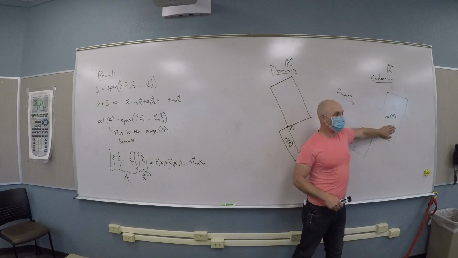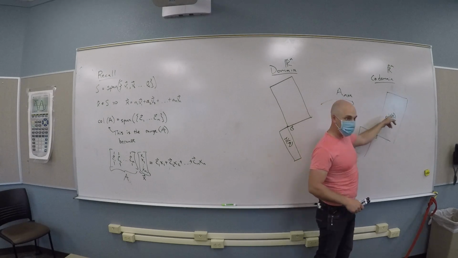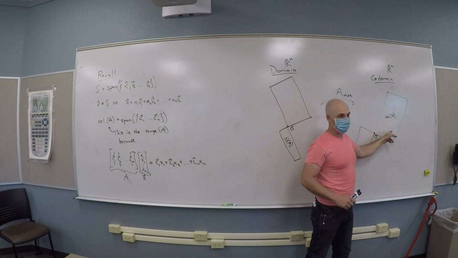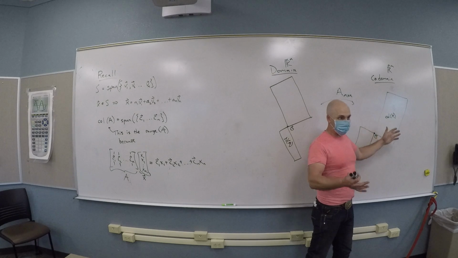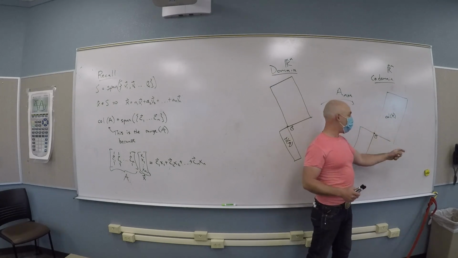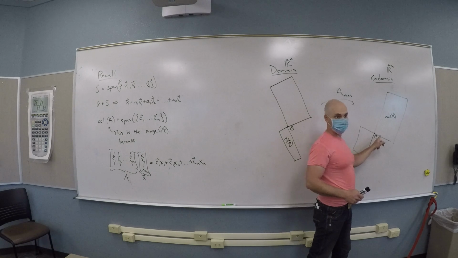That's the kind of thing I'm trying to get across with this rectangle business. I'm kind of stuck drawing two-dimensional-ish subspaces, but these could be arbitrary dimensional. They are definitely flat and they definitely pass through 0 because they're subspaces.